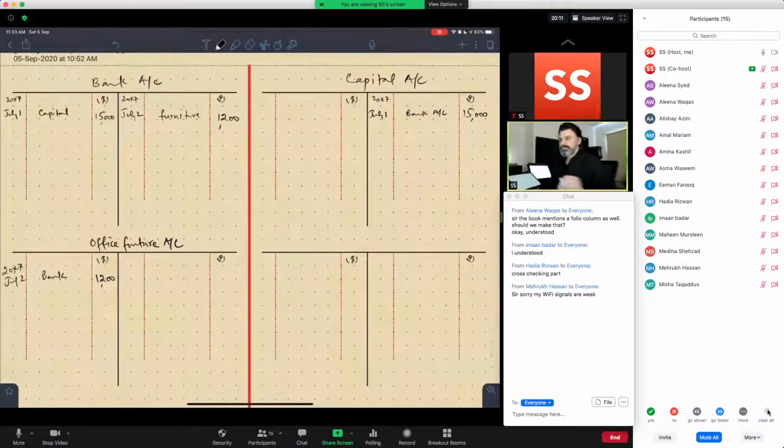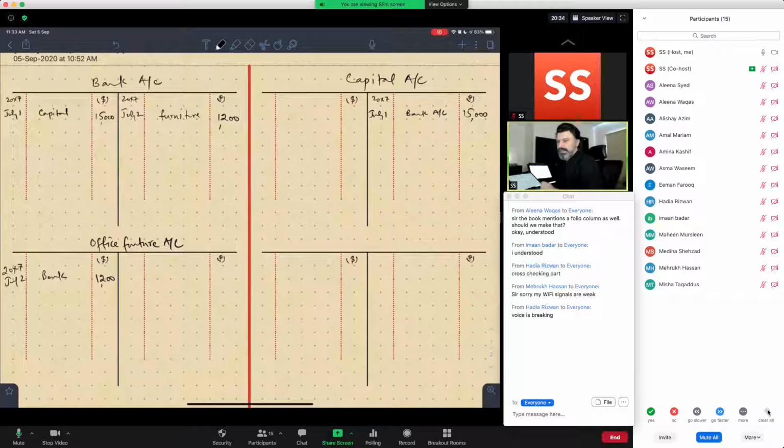Good. Now we will move on to the third transaction. Bought machinery $1,400 on credit from Trees Limited. So if you see your journal that we did on Tuesday probably, you have this transaction. Voice is breaking. All right, Hadia.